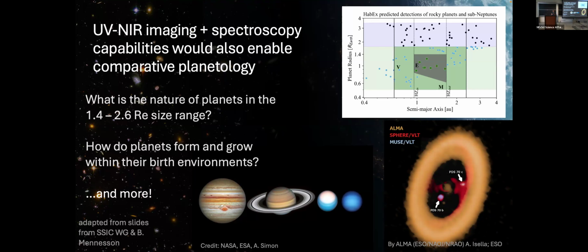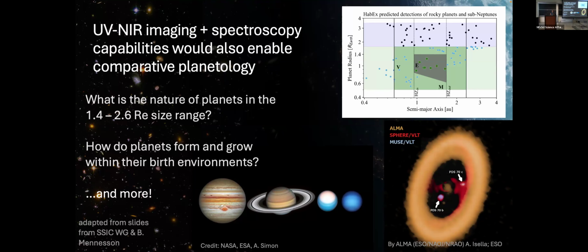You can start to attack questions on solar system scales of how planets are born, how they evolve. We know that super Earths are the most common planet in the interterrestrial zones. Is that going to be true as we push farther out, and how do their atmospheres compare?